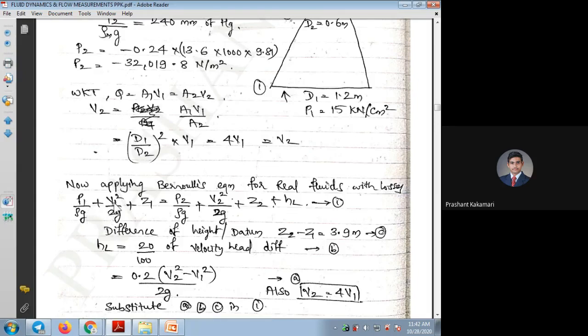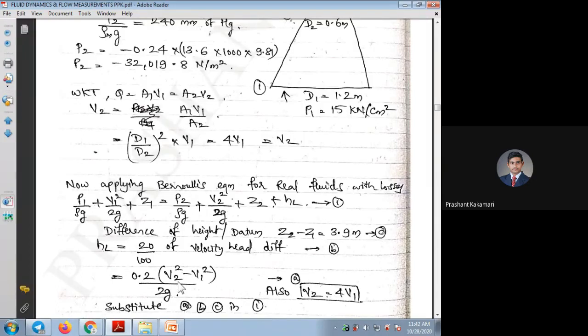P1 by rho g plus V1 square by 2g plus Z1 equal to P2 by rho g plus, now I will try to keep it in one form, that is in V1 form. So V2 will be how much? V2 is V1 by 4. I'll write V1 by 4 here. V1 by 4 square by 2g plus Z2 plus HL, which I can write as 0.2 into V2.